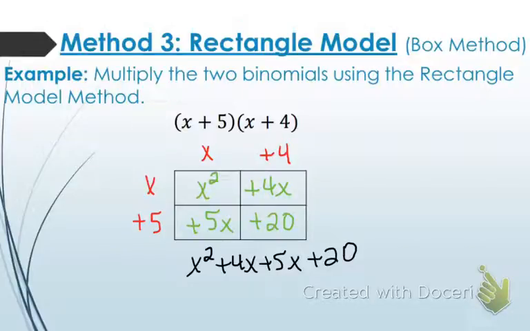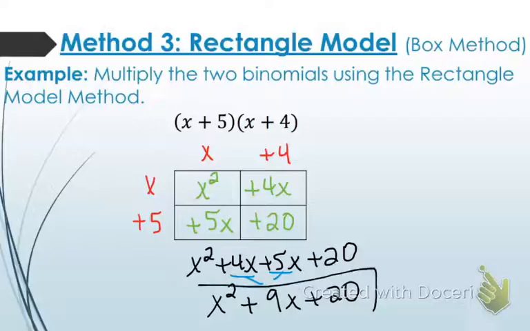Combine your like terms, which here we happen to have, the x's. After doing that, we get our final answer, which is x squared plus 9x plus 20. And as you can see, the 9x comes from combining these two numbers here diagonally, 5 plus 4.